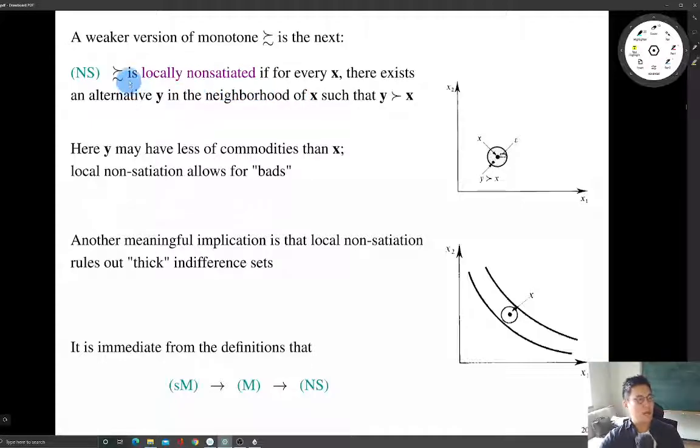We say a preference relation is locally non-satiated if for every bundle x there exists an alternative bundle y in the neighborhood of x such that the consumer strictly prefers bundle y over bundle x. The geometric interpretation is right here.